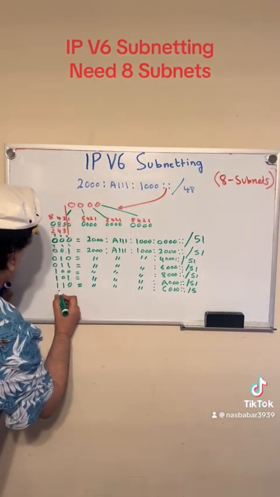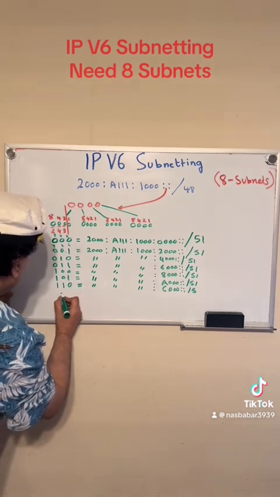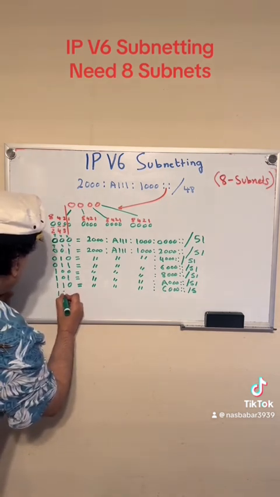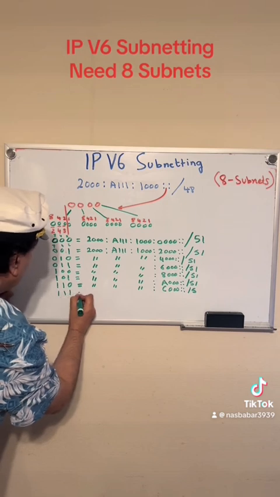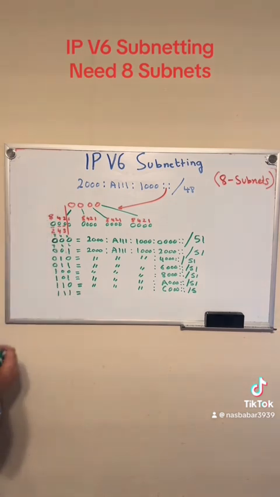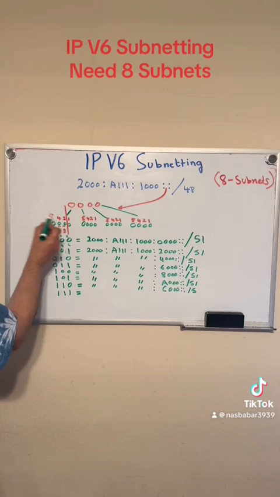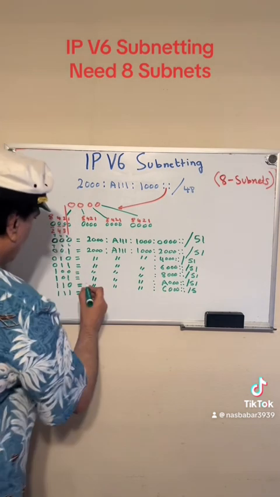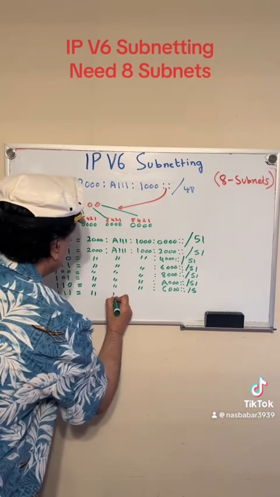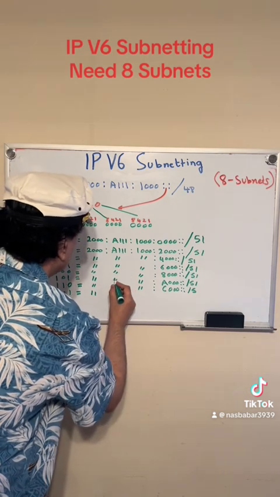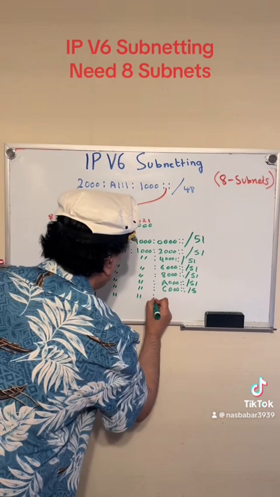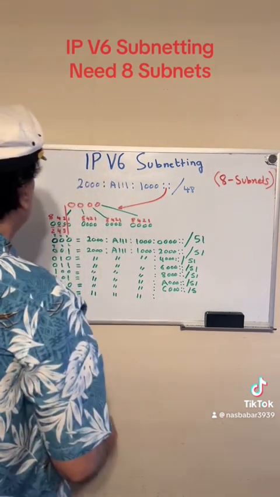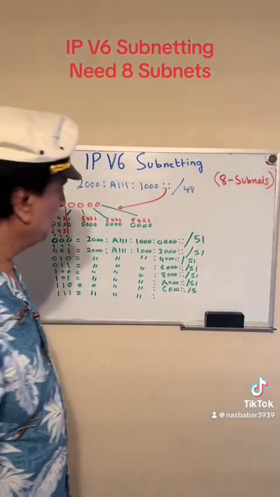Now we have 1, 1, 1. Okay, 8 plus 4 plus 2 is 14. So we keep on going like this: 3, 4, 5, 6, and this is my final. So what's the hex for 14?